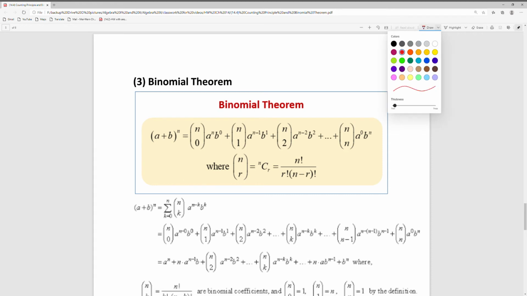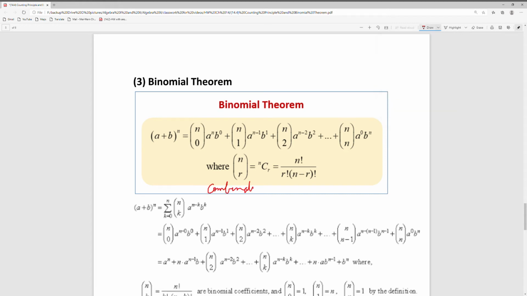So when you are talking about combination, then we are talking about choice. Okay, so why is it the choice? Understandable. (a + b) to the nth degree.